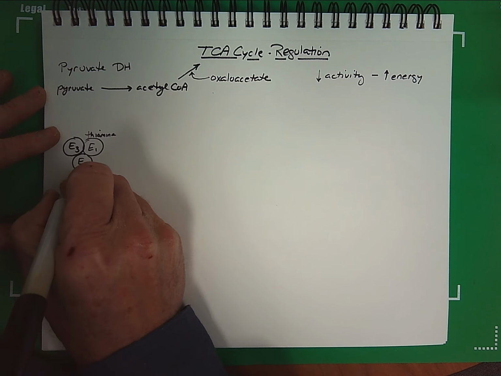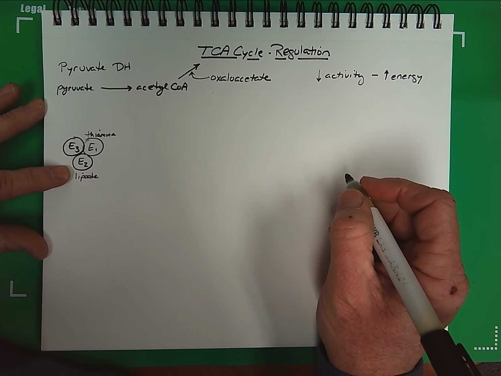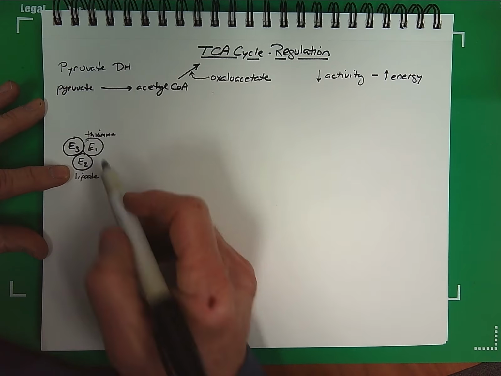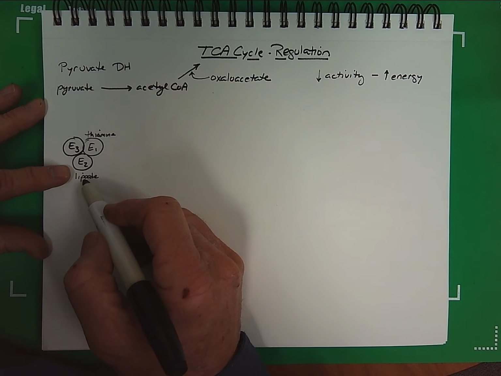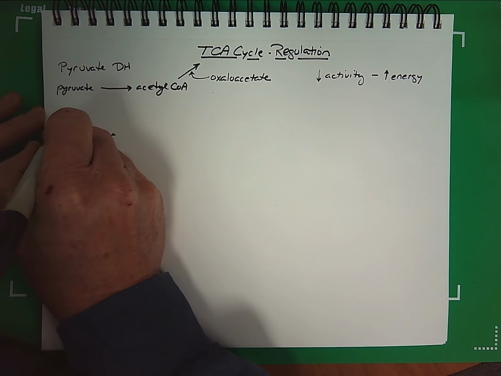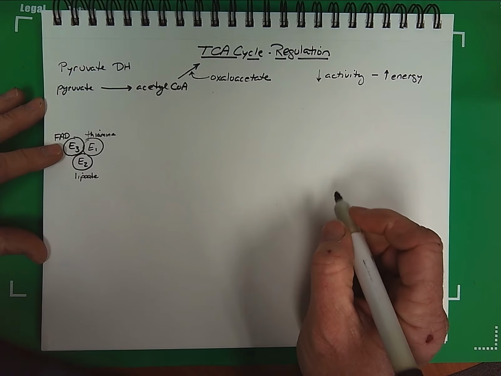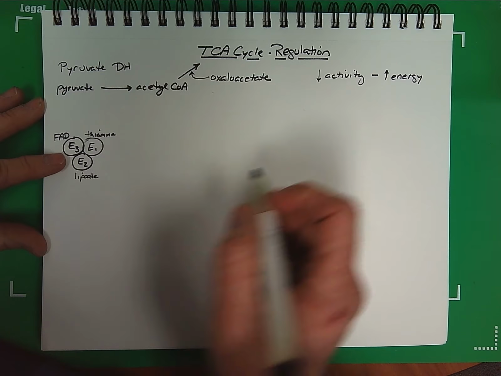E2 has the lipoate functional group, and this will be transferring the group from the thiamine residue onto the lipoate for further processing and generation of acetyl-CoA. Finally, E3 has our flavin adenine dinucleotide cofactor, which will perform the redox reaction to regenerate the lipoate to continue the enzyme.